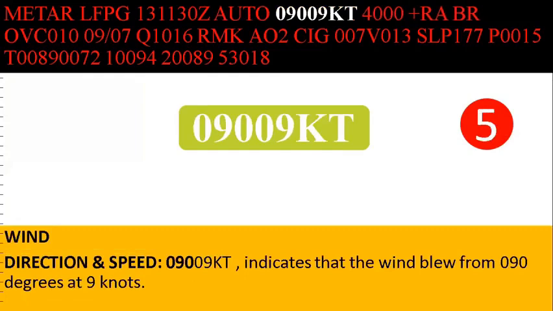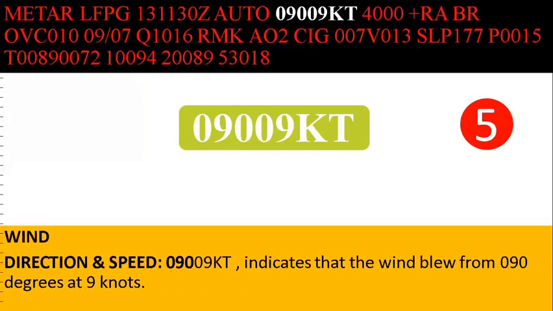Next are the winds. Normally, there will be a 5-figure group to indicate the 10-minute mean wind followed by wind speed units. The first three figures indicate the true wind direction and the last two the wind speed.